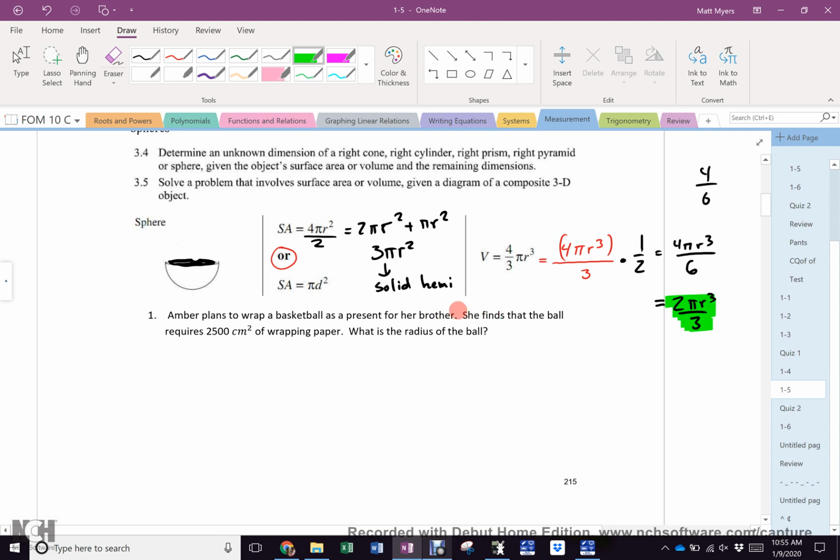First of all, is this going to be surface area or volume to wrap up a basketball? Surface area. So I go to my formula. Surface area equals 4 pi r squared. Yes? Okay. What do I know now? Read the question. Tell me the info that I know.